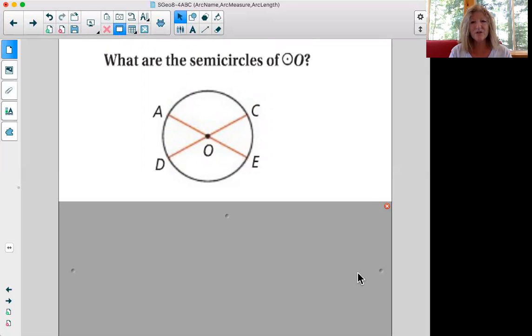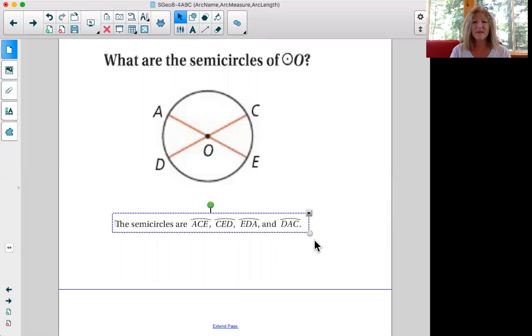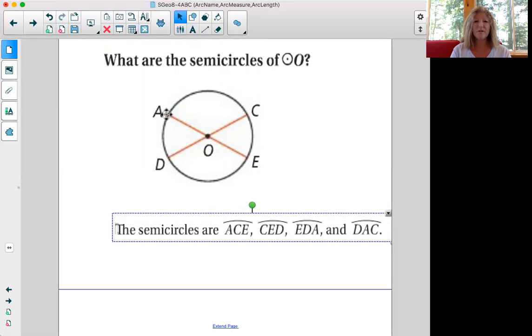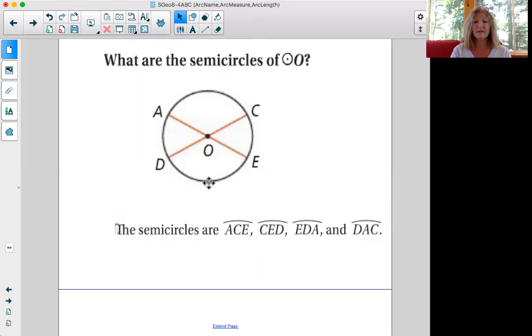Name the semicircles of this circle. Any of these would have been correct answers. You could say A through C to E, or you could say C through E to D, or you could say A through D, E through D to A, or D through A to C. Any of those would be perfectly fine.